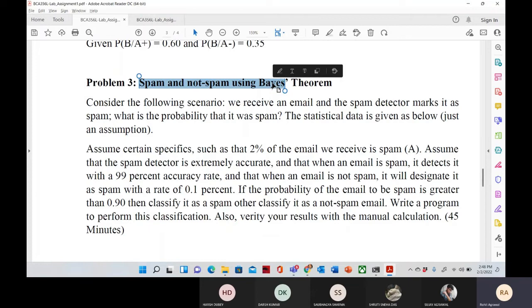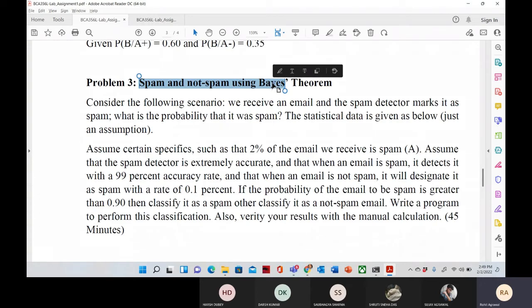After extracting the content, they have a dictionary, and they cross-check how many words match that are related to spam and not related to spam. Based on that, they calculate the probability of an email having spam-related content, and based on that probability they classify whether it is spam or not spam.